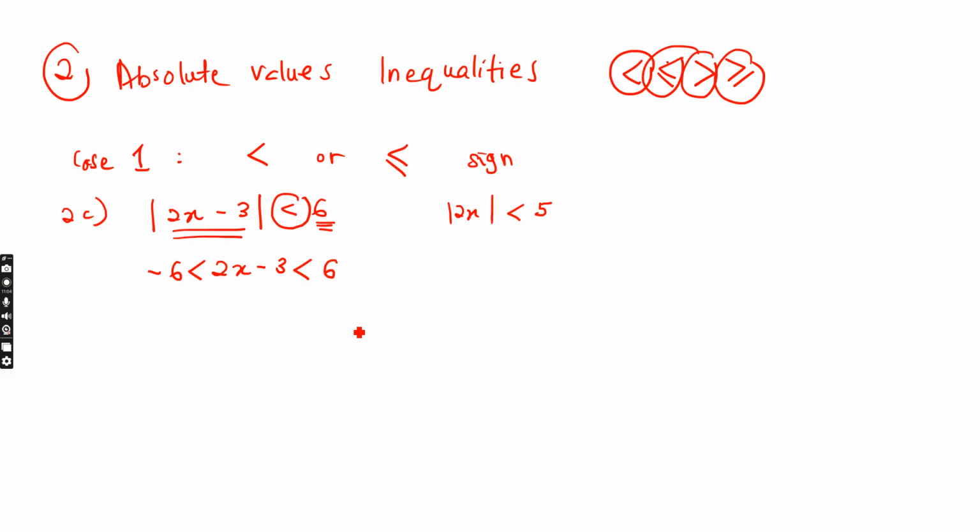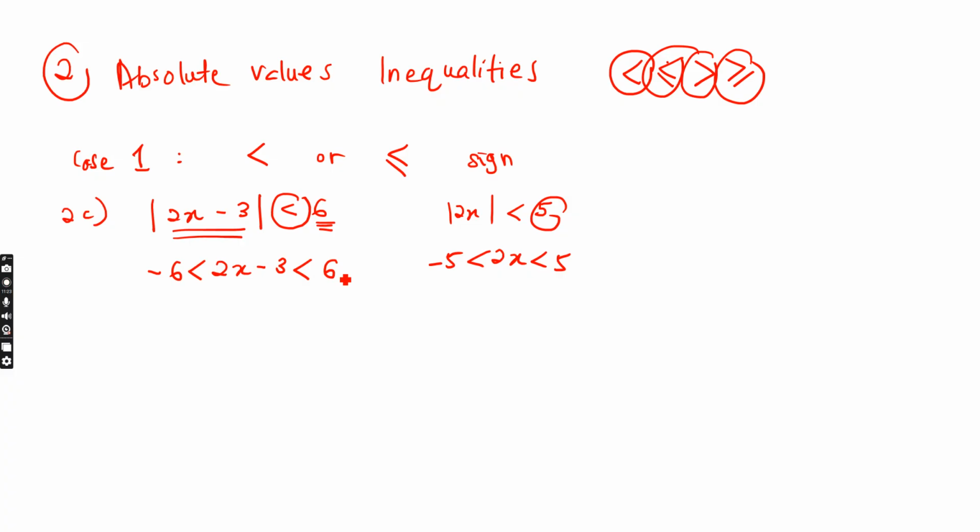What you need to do is put 2x in the middle, and then this 5, you put negative 5 and then 5, like that. So that is the first step to solve this.